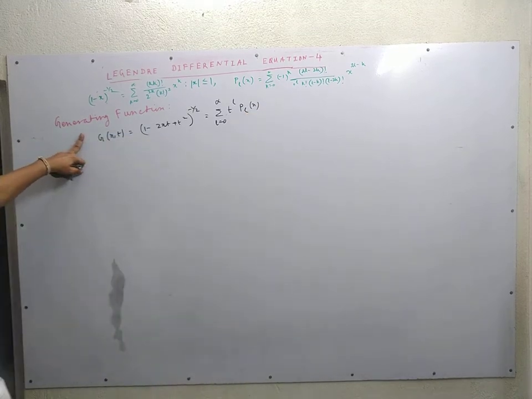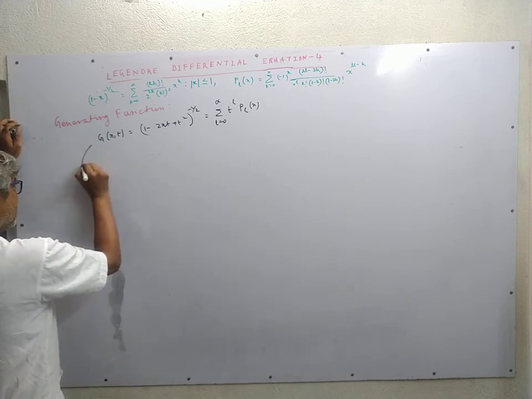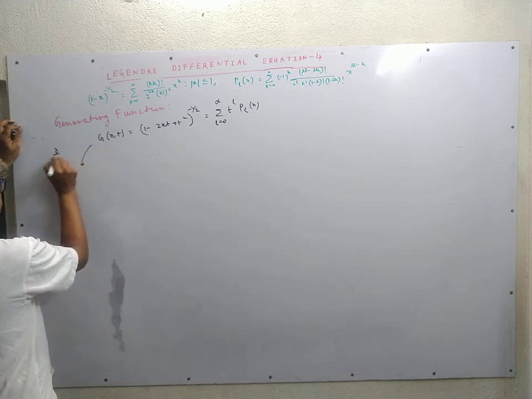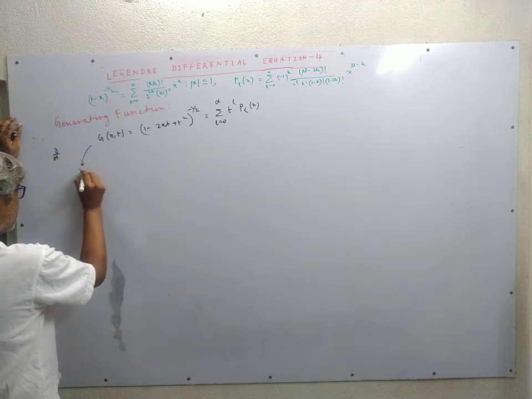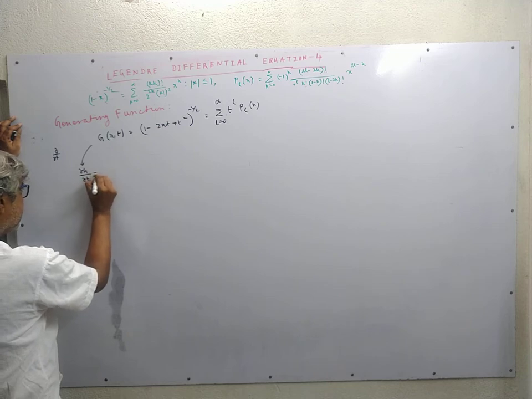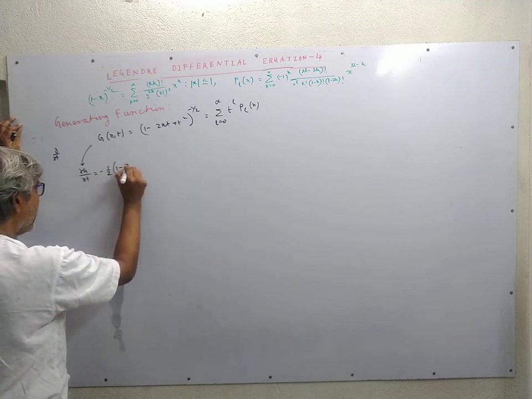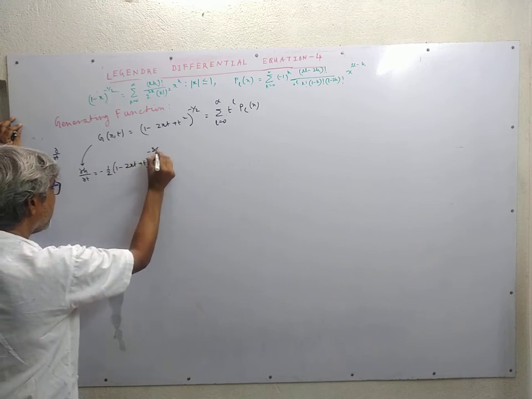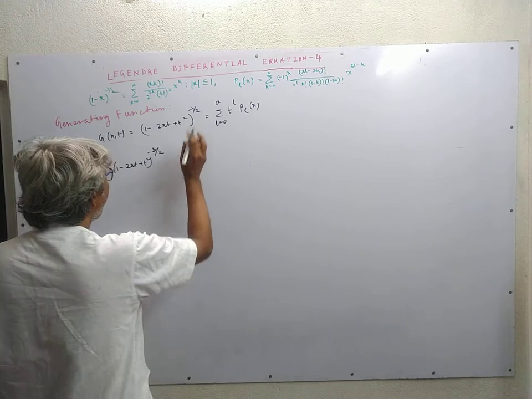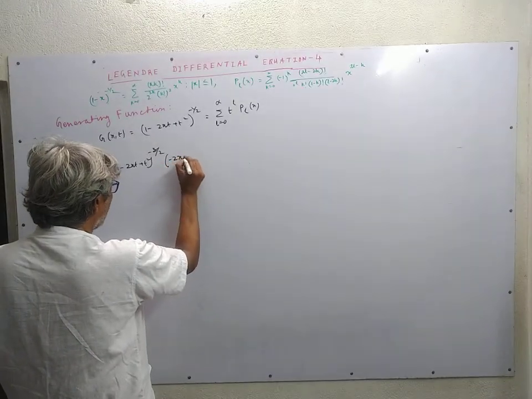We may differentiate it partially with respect to t. So we differentiate it partially with respect to t. So we get del g del t is equal to minus half 1 minus 2xt plus t square to the power minus 3 by 2, then minus 2x.